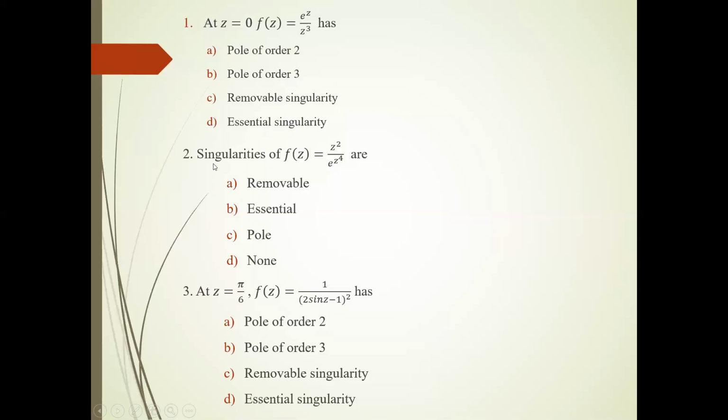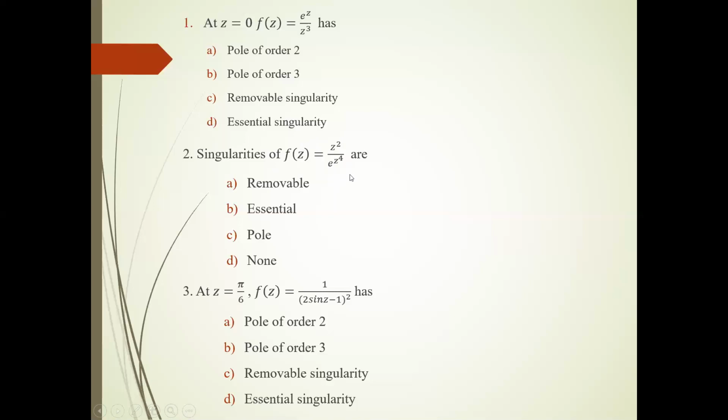What is the second question? Singularities of f(z) is equal to z square upon e raised to z to the power 4 are: first option removable, second option essential, third option pole, and fourth option none. See here, first we have to find a singular point of this function. On the denominator, e raised to z raised to 4 is a function.